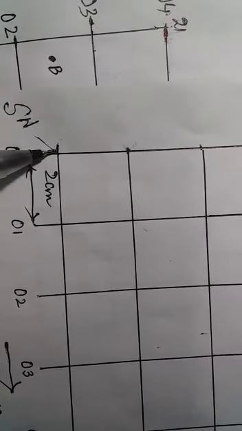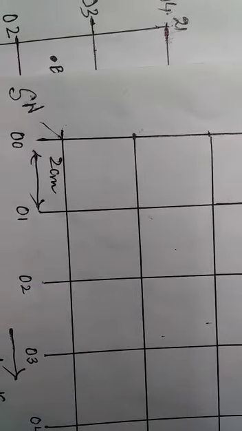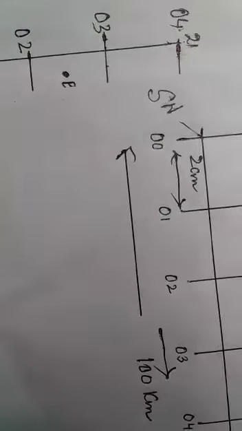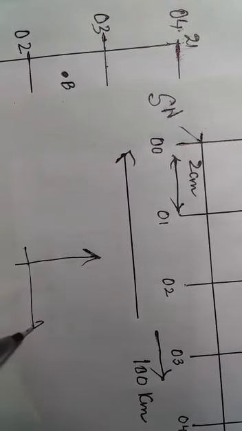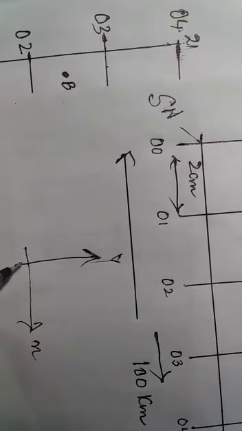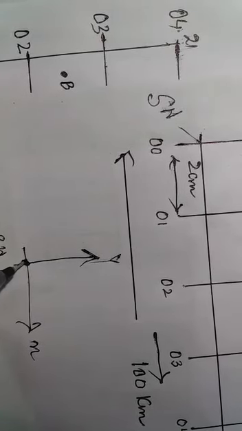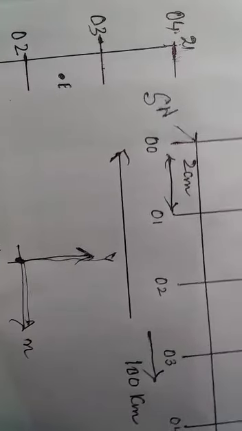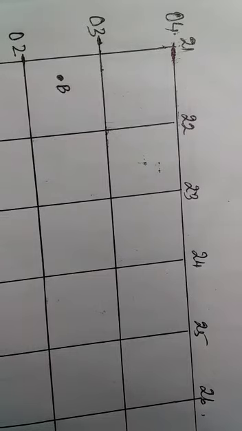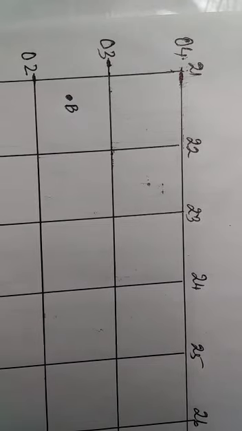Because from this corner, when you are drawing the x and y axis, this is the y axis and this is the x axis. So this corner is the southwest corner. This is the origin. From here it begins this way. Therefore, in the national grid also, the origin will always be in the southwest corner.